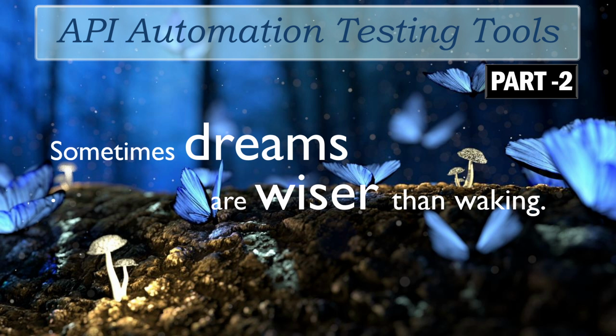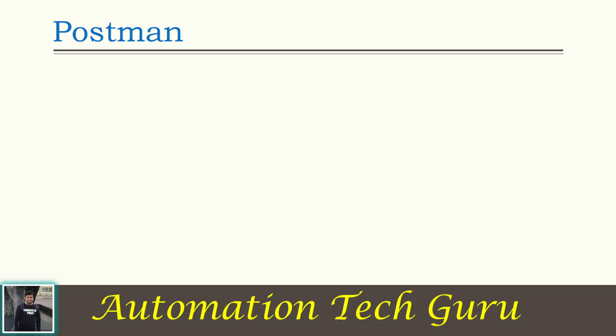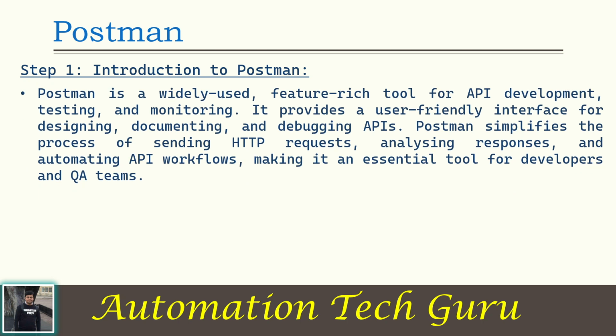So let's start with the API automation testing tool, Postman. Introduction of Postman. So Postman is a widely used feature-rich tool for API development, testing, and monitoring. It provides a user-friendly interface for designing, documenting, and debugging APIs.